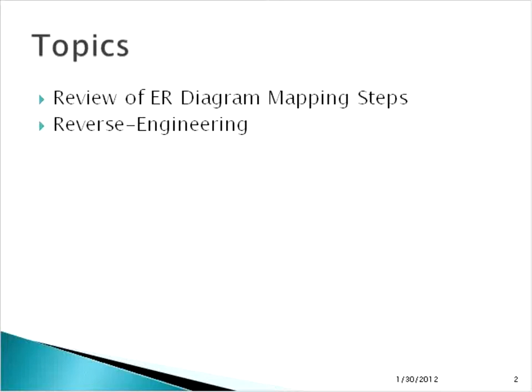Hence, it's called reverse engineering. We will learn how to, from a set of relational tables, come up with the ER diagram. In the previous chapters, we had ER diagrams and were learning how to get relational tables, and in this chapter we will go from relational tables to the ER diagrams.